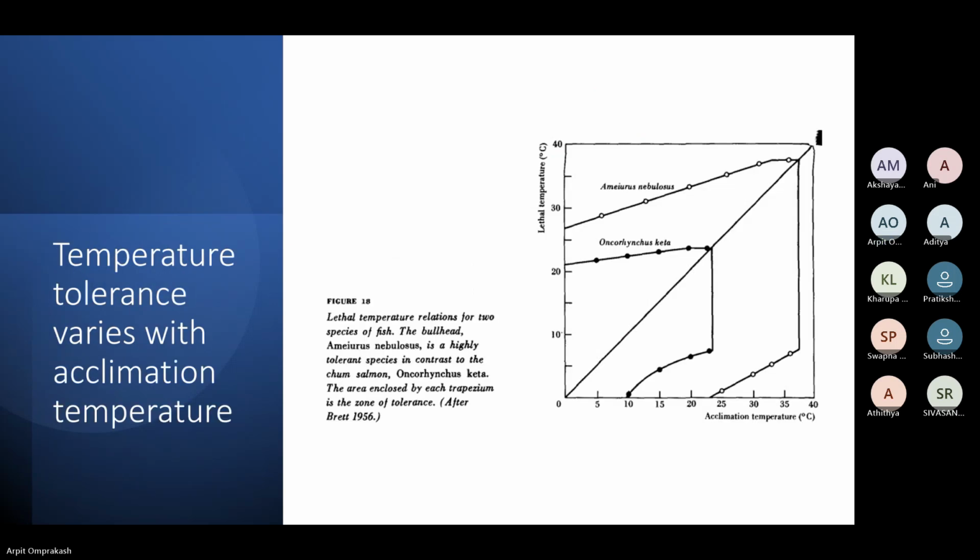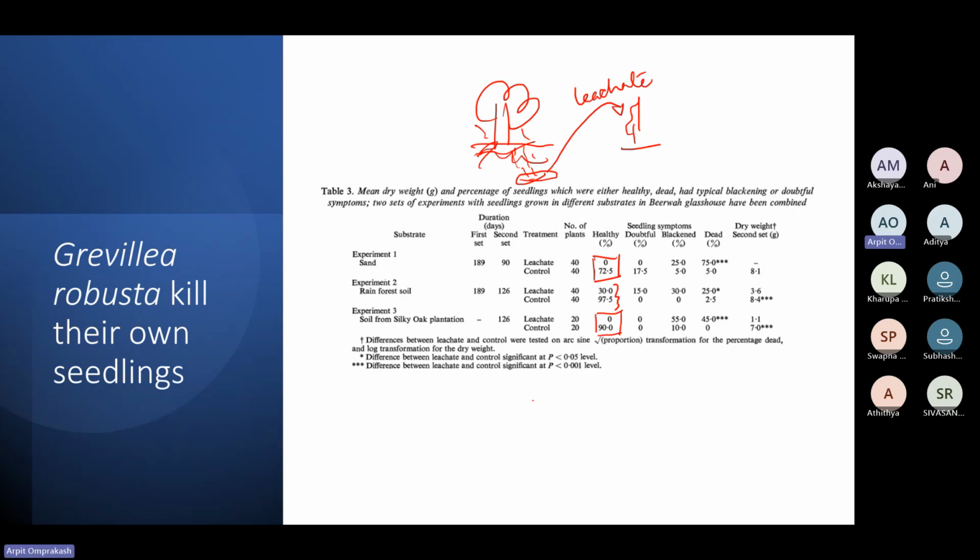So this leads the way to understanding that there might be some major push and pull factors. The leachate is a push factor that prevents plants from growing near their mother seedling.